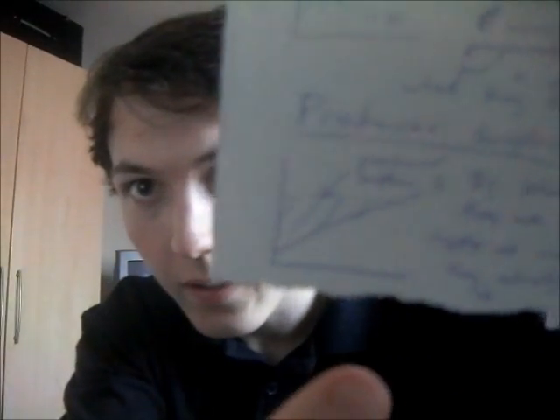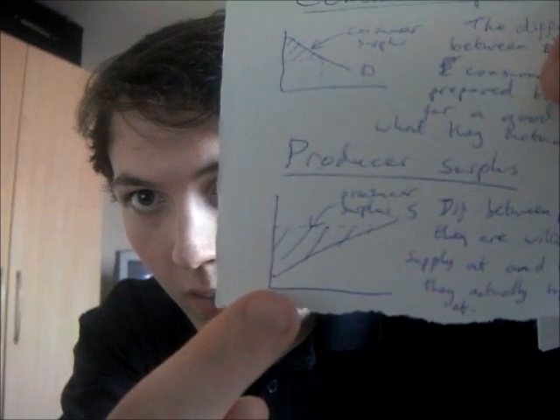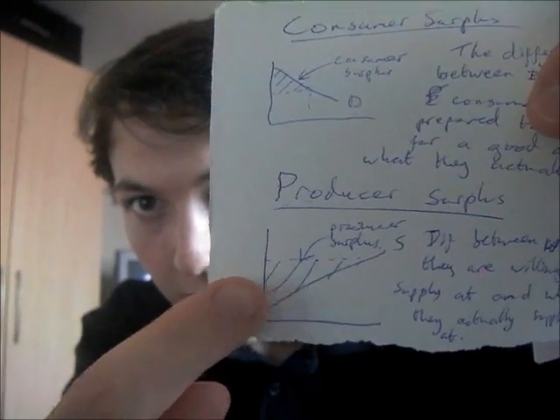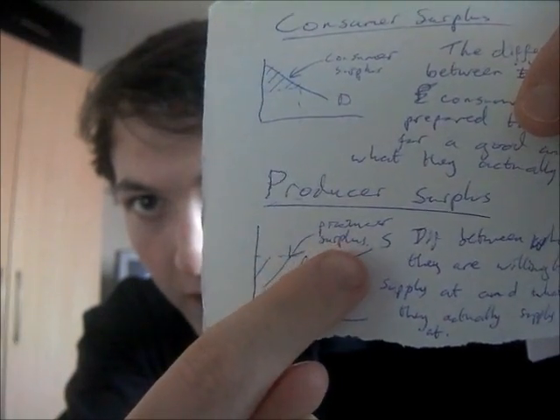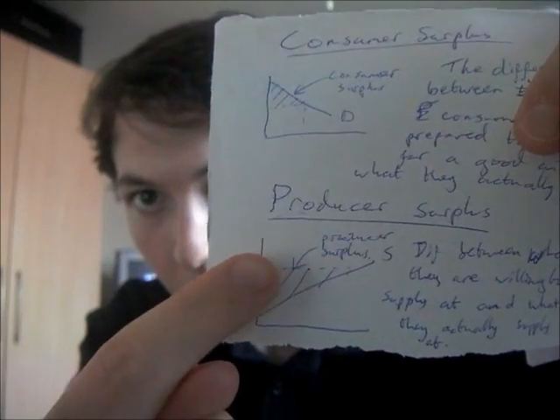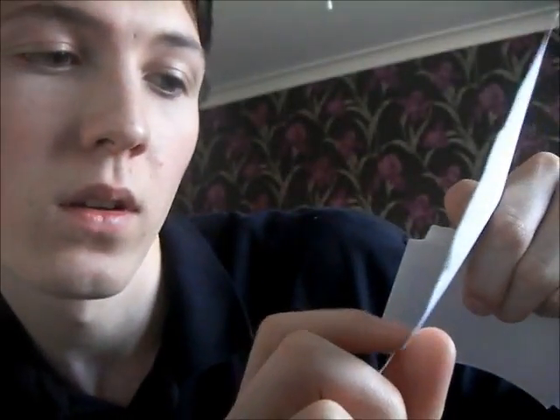The producer surplus is the difference between what they are willing to supply at and what they actually supply at. So, I'll just show you a little diagram there. This is just a supply curve. And it's just a difference. At this price, they're willing to supply this much at the most. Let's have a look. Producer surplus.